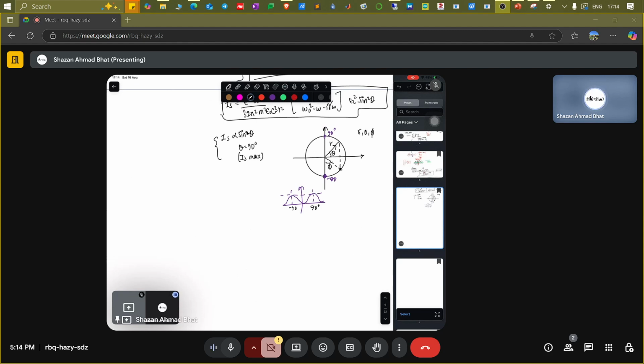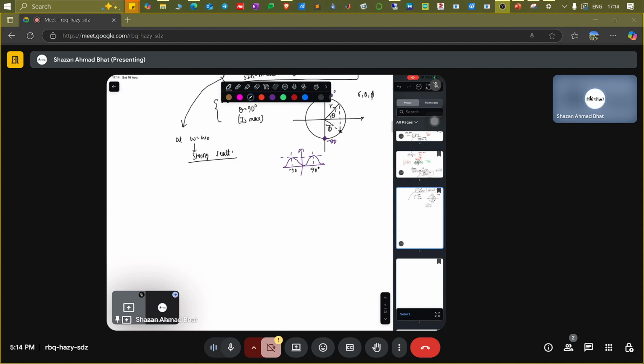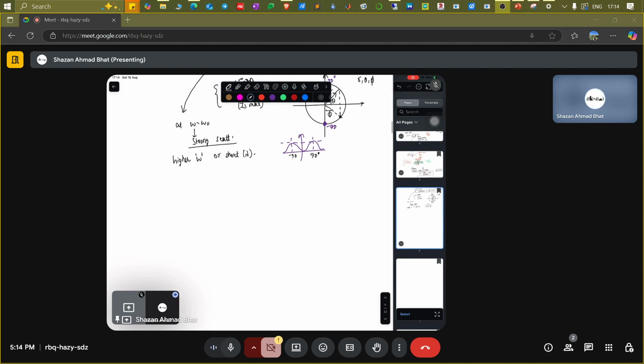So from this, what we see is that there is stronger scattering near the resonance. At omega equals omega naught, there is stronger scattering. And if you go for higher frequencies, in other words shorter wavelengths, then it's going to have strong scattering effects.